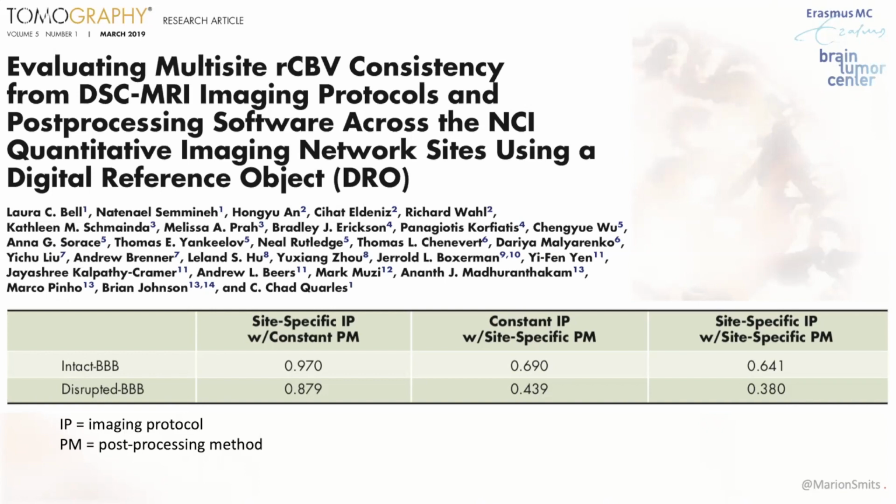This is something that is not really known to many people and also not reported in many studies, so that we don't really know what the true value is of what is reported in the literature on perfusion imaging.